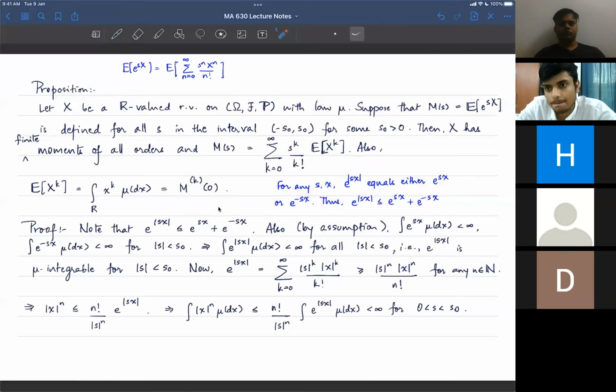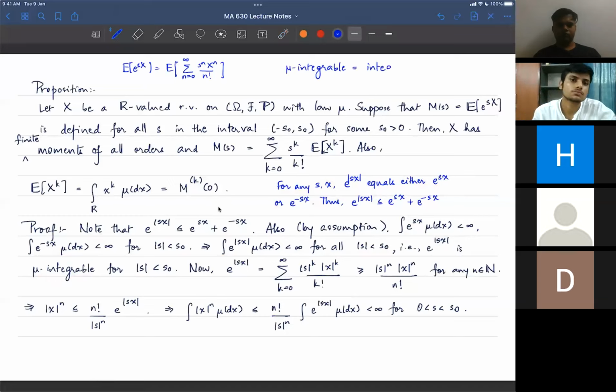In other words, e to the absolute value of Sx is mu integrable for mod S less than S0. Mu integrable means just integrable with respect to mu.